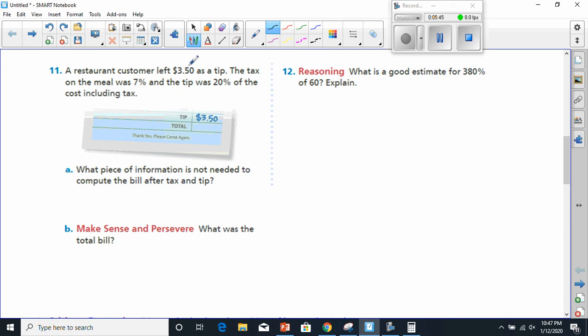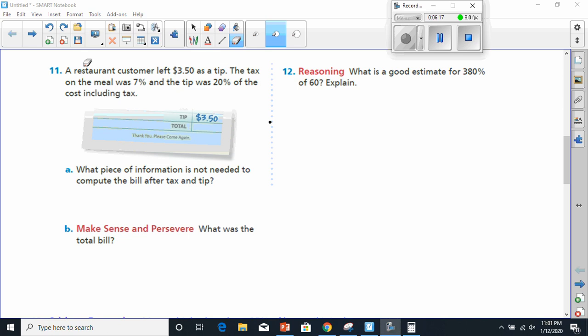Well, we need to know how much they left. The tax on the meal was 7%, and the tip was 20% of the cost, including the tax. If they want to know what piece of the information is not needed to complete the bill after tax and tip, I would say that they don't need to really know.